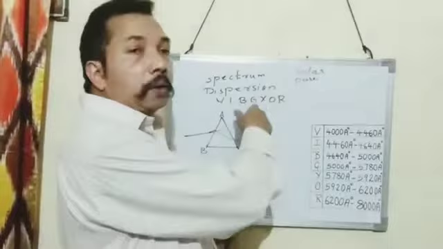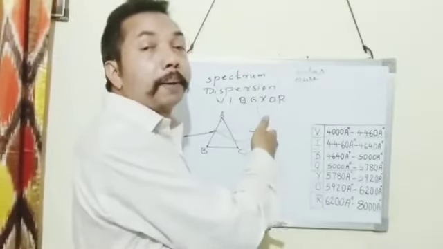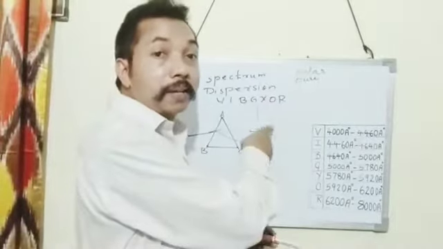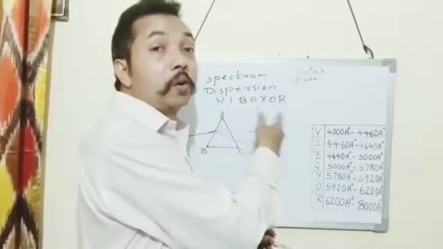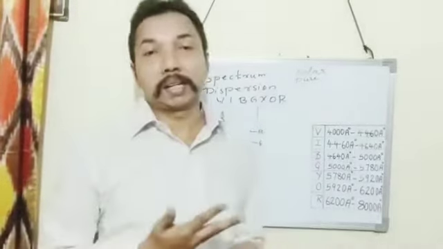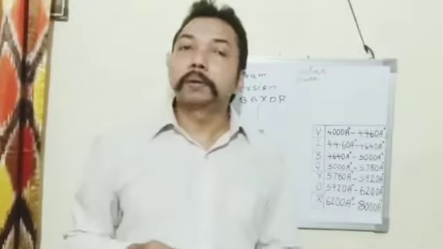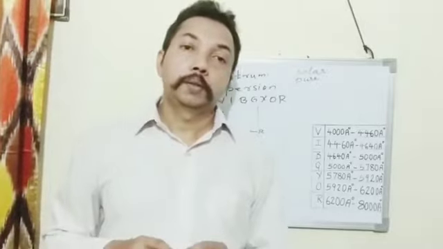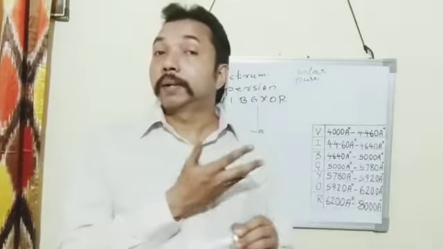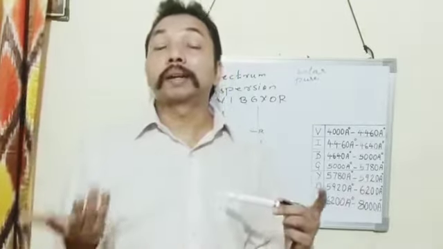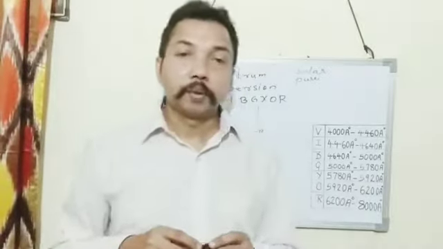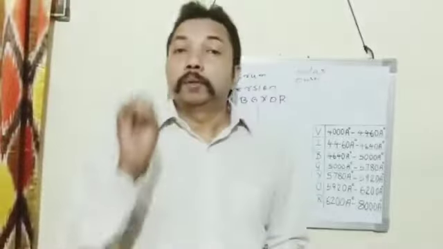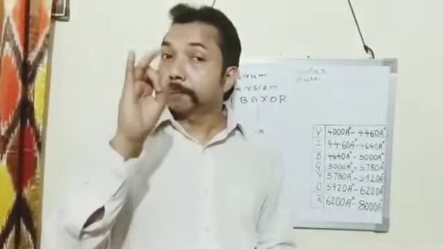So, we cannot get a pure band of 7 colors. Such a spectrum is called an impure spectrum. So, in an impure spectrum, the various colors are overlapping each other. Solar spectrum, pure spectrum, impure spectrum.